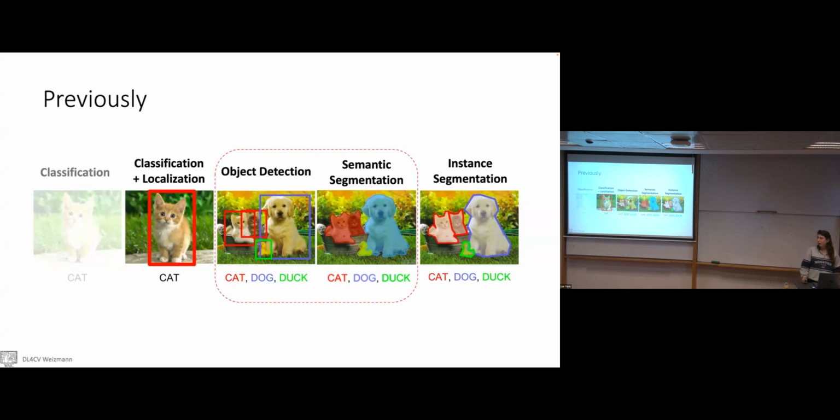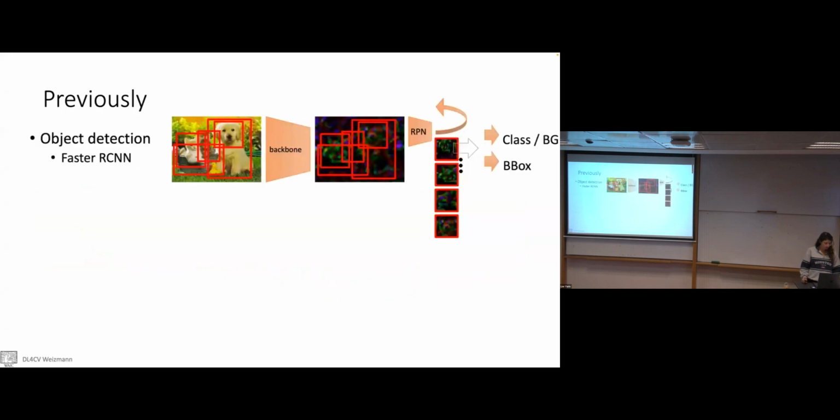So we're gonna continue focusing on object detection and semantic segmentation during this talk. Previously, when we talked about object detection, you were getting to know RCNN and faster RCNN, where the idea is to use a backbone of a pre-trained classification model, and then using an RPN to suggest regions which are interesting to focus on, because if we just go over all the sliding windows, it's very expensive to do.